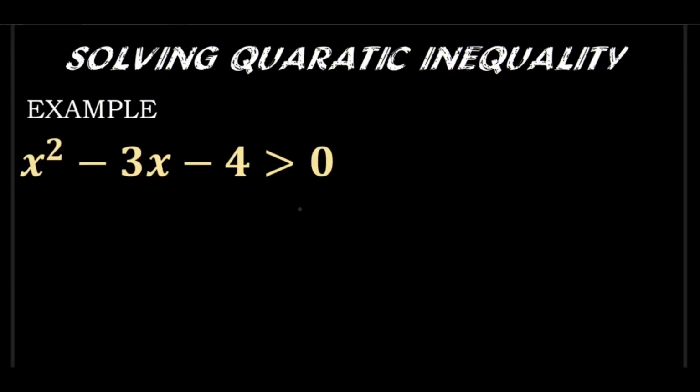Okay, solving quadratic inequality tayo. So, dito meron tayong example, x squared minus 3x minus 4 is greater than 0. So, pag isosolve natin ito, kailangan yung given, number 1, siguraduhin natin nasa standard form. Na kung saan ang standard form ay ax squared plus bx plus c, and use any of the 4 inequality symbols.